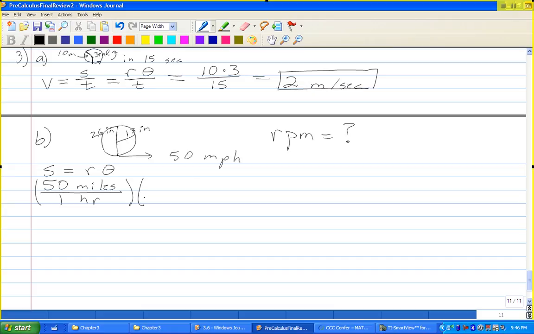There are 5,280 feet in 1 mile. There are 12 inches in 1 foot.